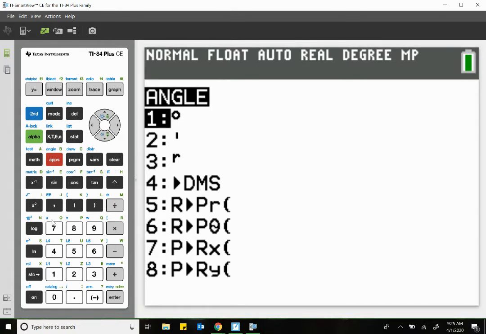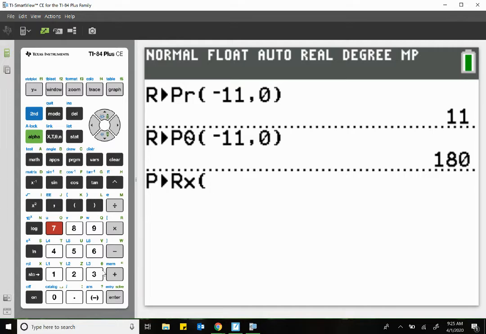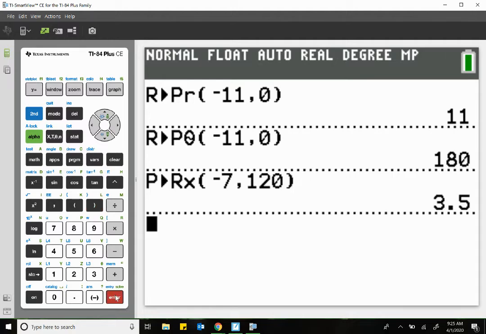So if I go down to number 7 and I put in that negative 7, and we're in degrees, so make sure that your angle's in degrees, 120. That gives us the 3.5 that we came up with, which is that 7/2. Now, unfortunately, it will not give you the exact answer if there's a radical involved. It will give you the decimal version of it. I'll show you that real quick.